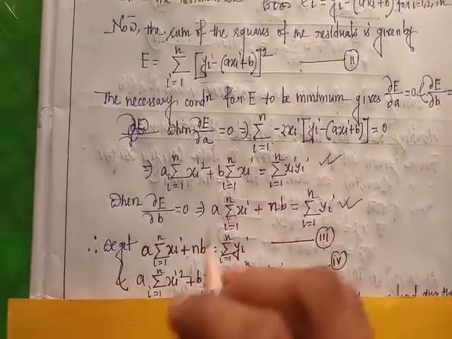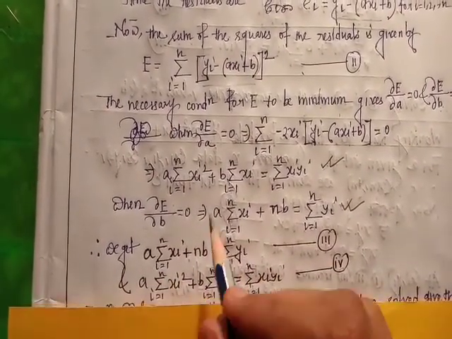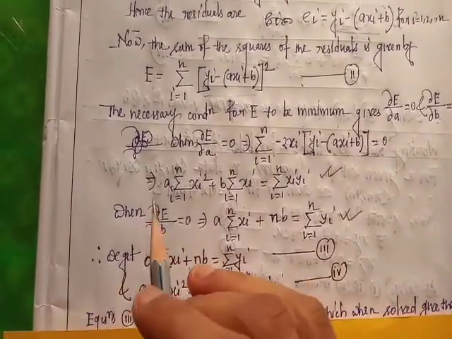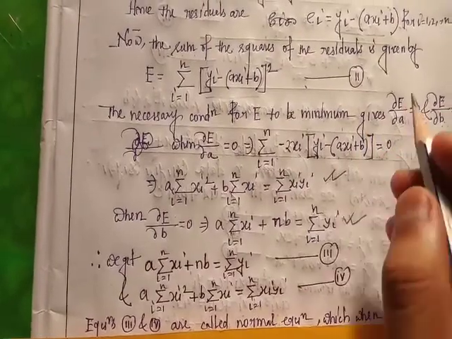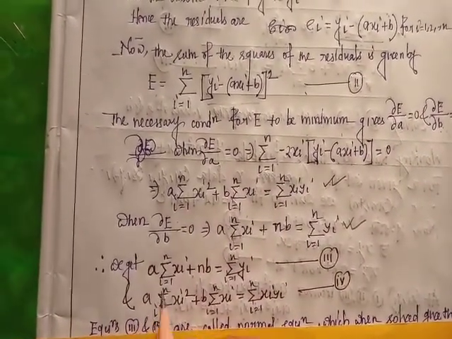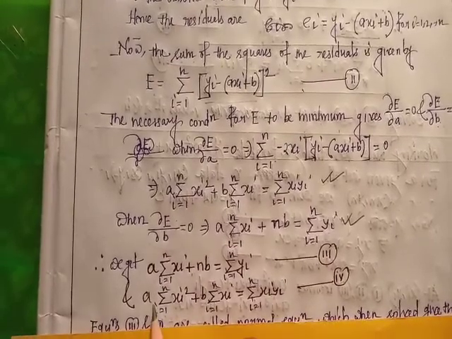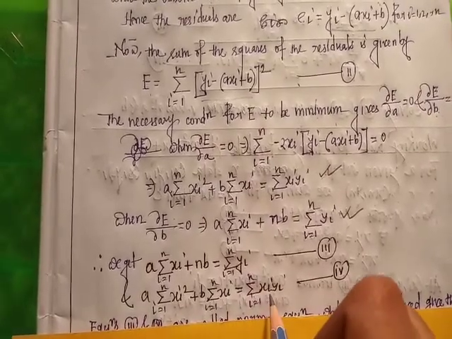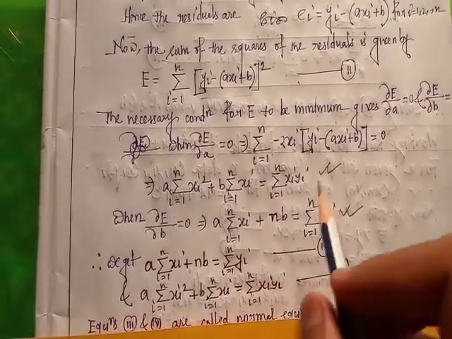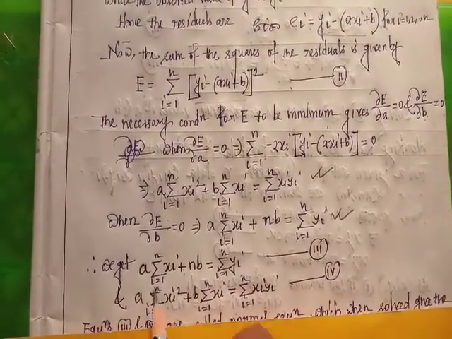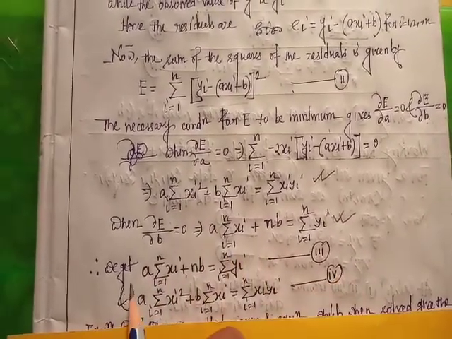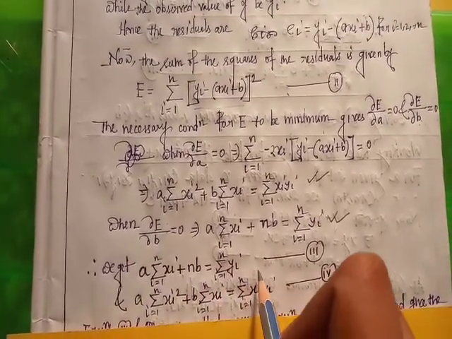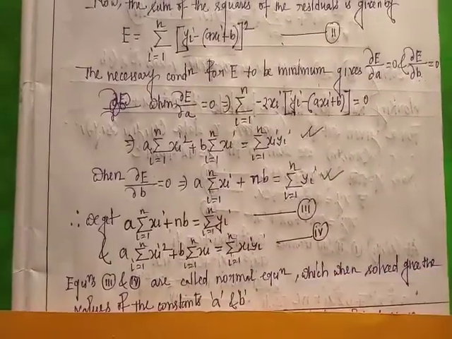From del E by del a we get a into summation over i of xi square plus b into summation over i of xi equal to summation over i of xi yi, and from del E by del b equal to 0 we get a into summation over i of xi plus n into b equal to summation over i of yi.